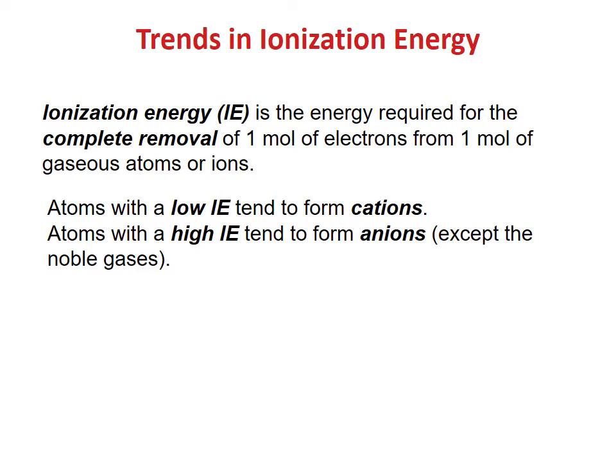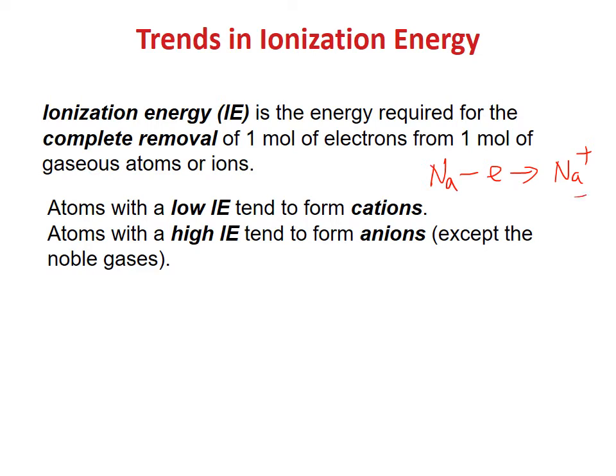For example, sodium, by removing an electron, forms a sodium cation. The energy to remove this electron is the ionization energy. The smaller the ionization energy, the easier for this process to proceed. So atoms with low ionization energy usually are metals, so they can form cations easily.